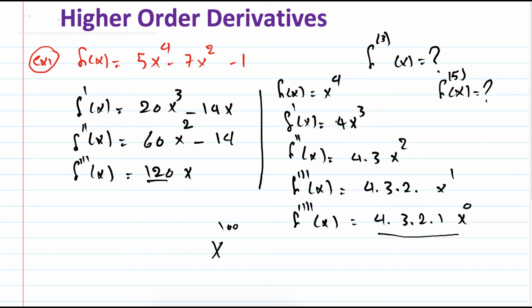If the power is 4, then the fourth derivative is 4 times 3 times 2 times 1. It is just factorial of 4. If the power is 100, and I ask you to find me the 100th derivative, then it would be 100 factorial. As simple as that.